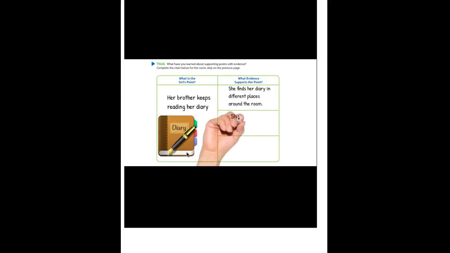And what's the evidence that the author gives? The author gives three main points here. She says she keeps finding her diary in different places around the room. She also says that she keeps finding her diary open. And finally, she says that her brother tells her to write more neatly.